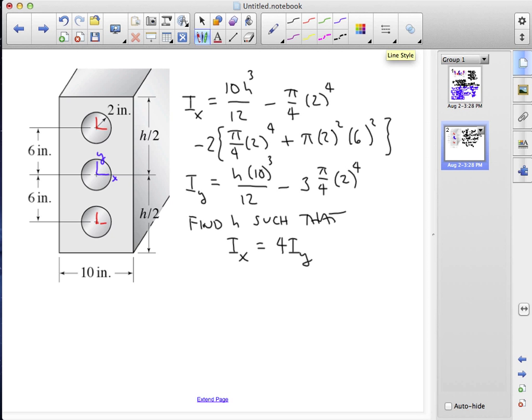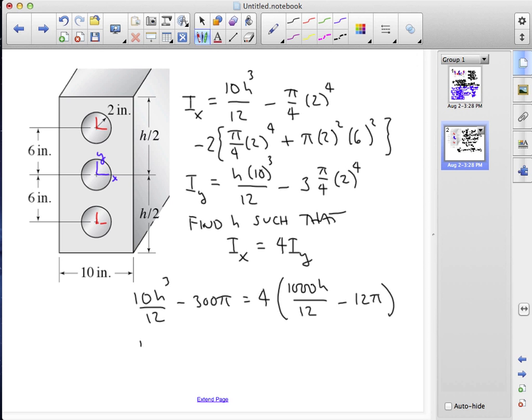Now we can reduce the complexity of those expressions for Ix and Iy a little bit, and if we do that, what we end up with for Ix is 10 h cubed over 12 minus 300 pi. That has to equal 4 times Iy, which is 1,000 h over 12 minus 12 pi.